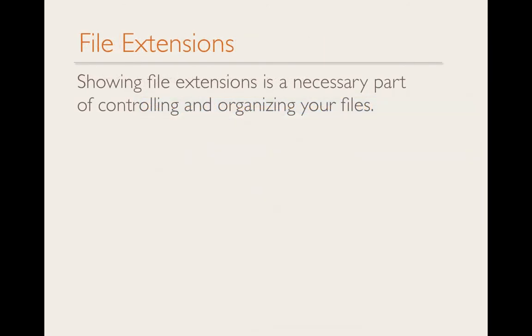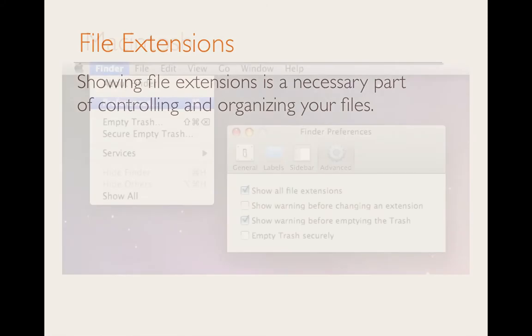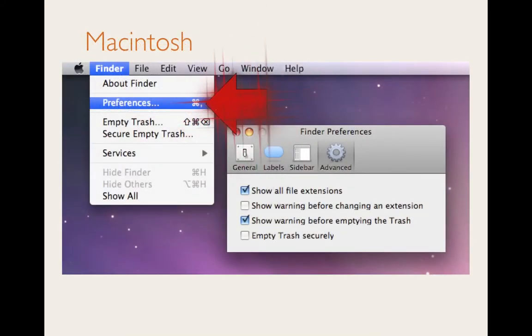And what you want to also do is, in whatever operating system that you're using, to go ahead and show your file extensions. Let me give you an example. Say, for instance, if you're on a Mac, you want to go to the Finder menu and say Preferences and make sure you show all file extensions.